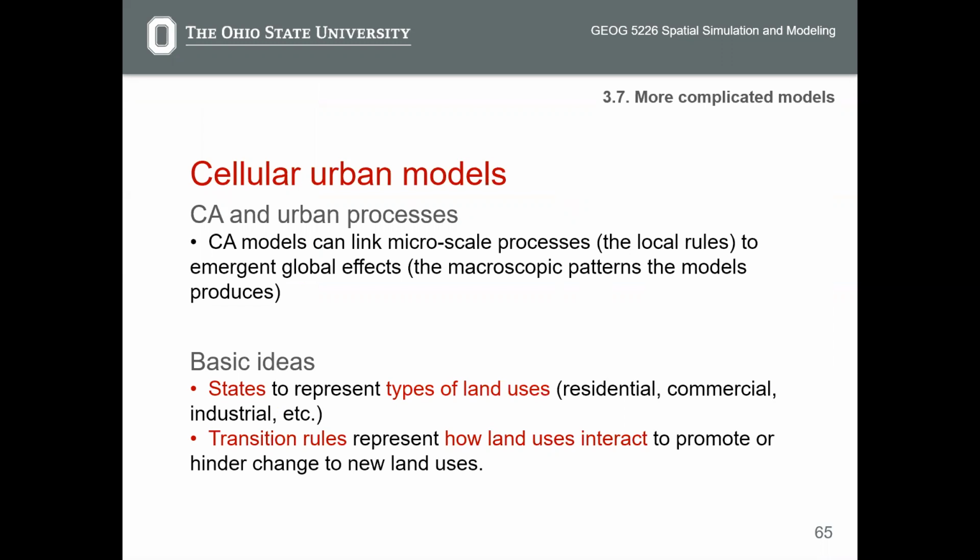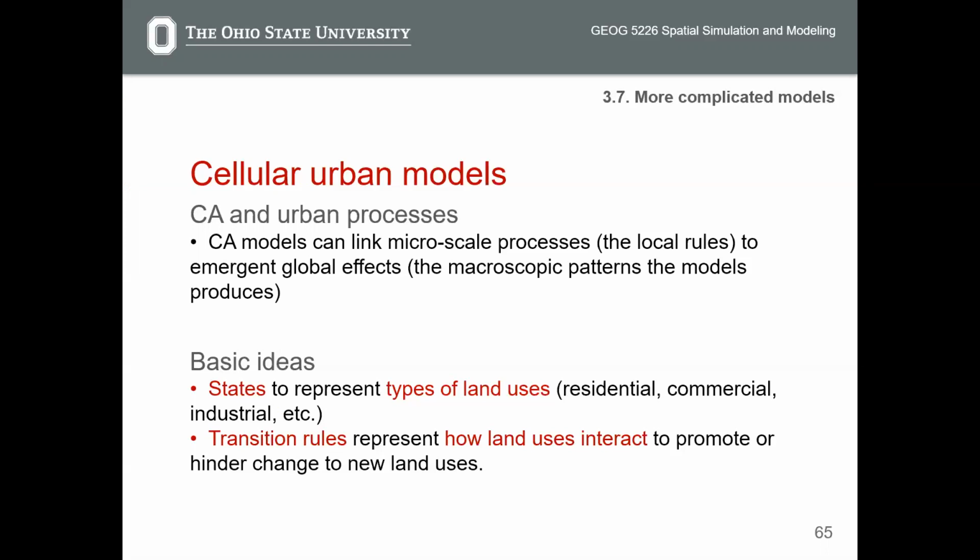One of the most important applications of aggregation and segregation simulation is urban growth, or urban expansion. CA and urban processes: CA models can link micro-scale processes, for example the movement of each family, even of each individual human being, to emergent global effects.